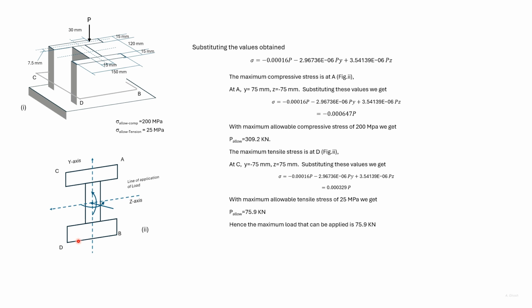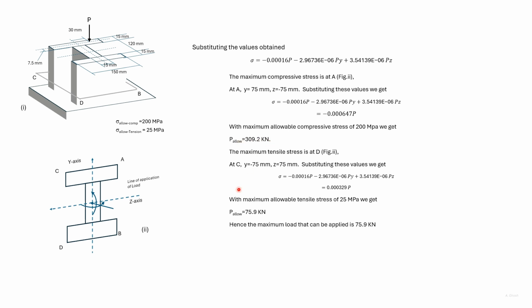Now consider the point D. It will be subjected to the maximum tensile stress. We can equate this stress to the allowable stress in tension to get a value of P. That value of P is the maximum value that we can apply without tensile failure.